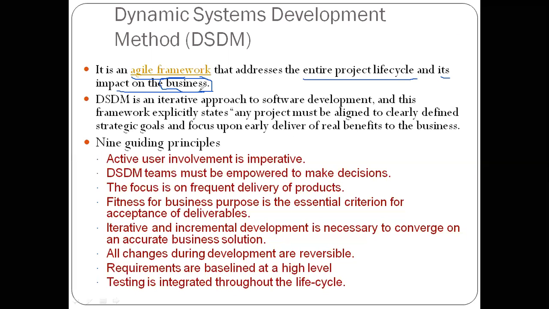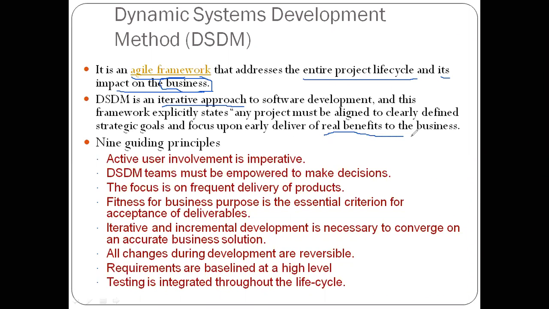And if you see the second point, DSDM is an iterative approach. What is it? It is an iterative approach, which means it will repeatedly execute some phases to give good quality to that particular project. This framework explicitly states any project must be aligned to clearly defined strategic goals and focus upon early delivery of real benefits to the business.